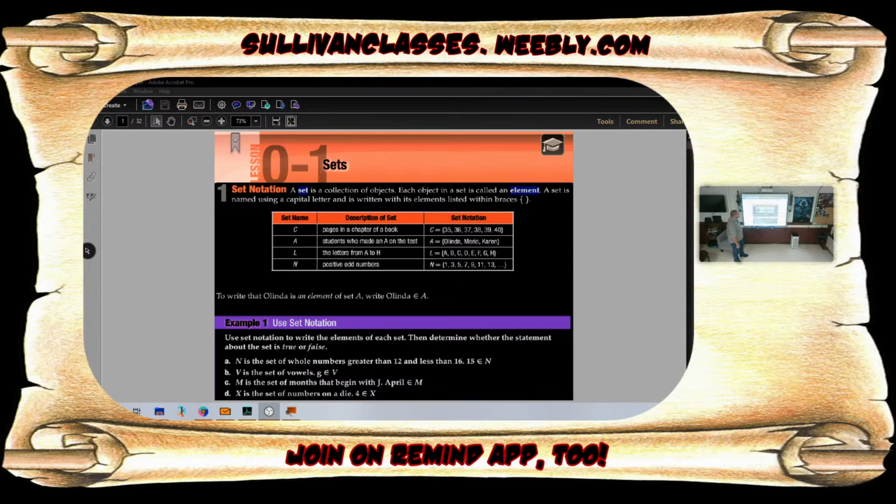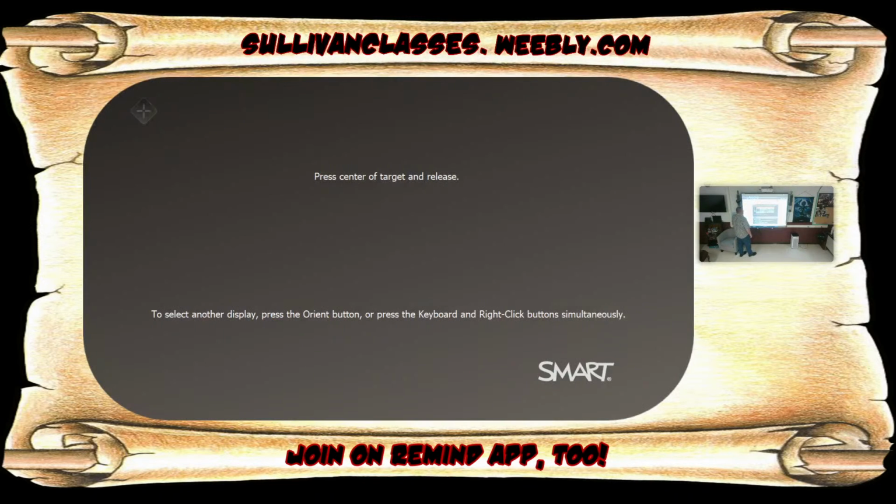Round 1, sets. First of all, we'll see how bad Frank is. Yep, Frank's pretty bad. Okay. For anyone who has never been here before, we call the smartboard Frank because once upon a time, I had a young gentleman in my class named Frank.